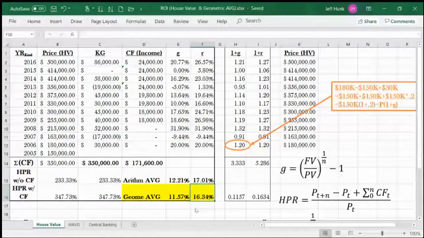In the last class, I made a distinction between G and R. They are basically returns, but what are the differences? I said G, the growth rate, is the return when there are only capital gains, in other words, in scenario one.